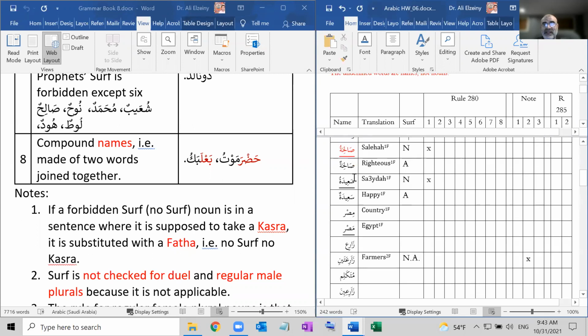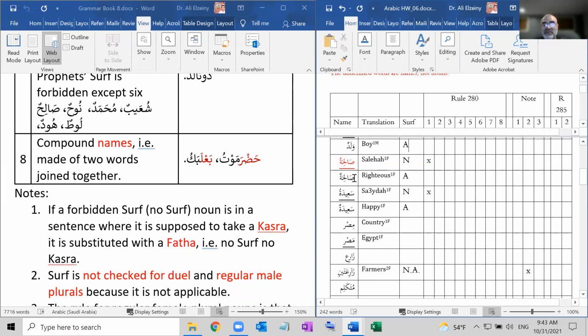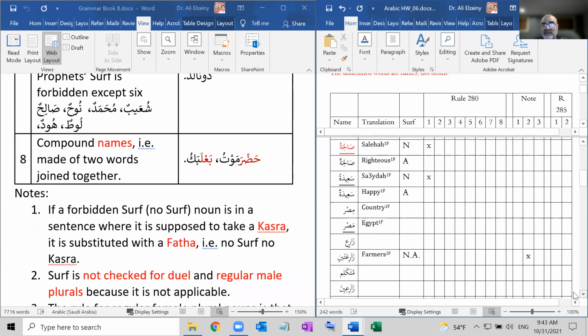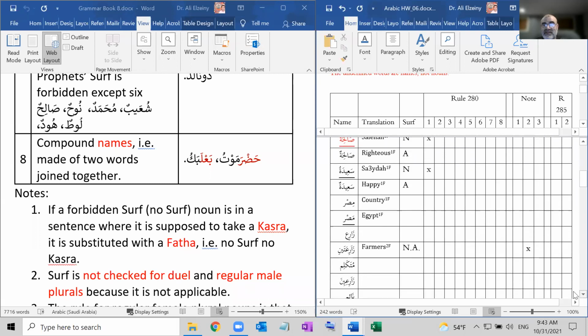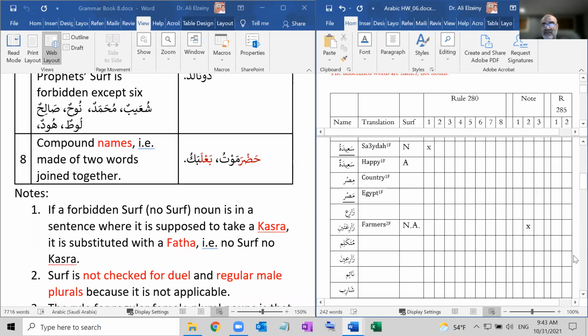Now Sa'ida is an example that I want you to look at. Sa'ida can be used as a name or as an adjective.